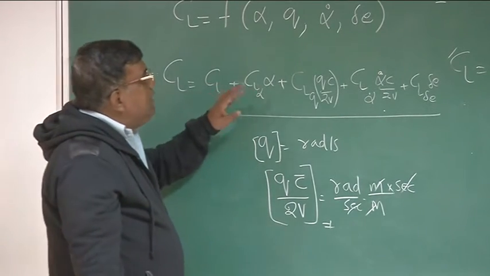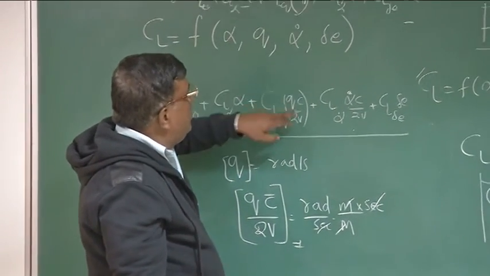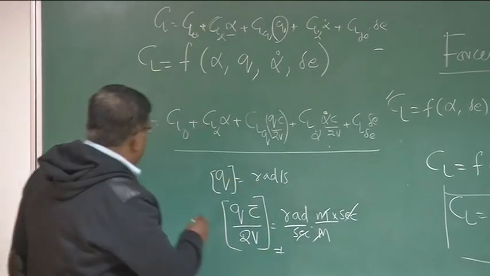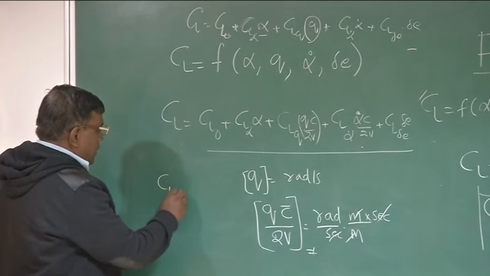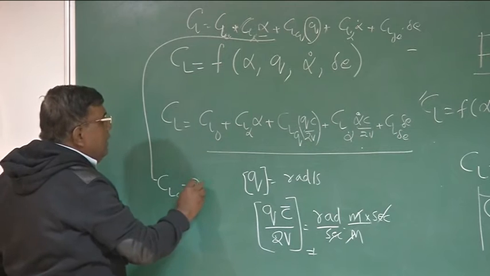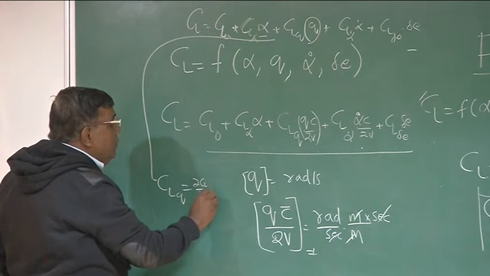So by changing Q to QC by 2V, we have made this dimensionless, and we have modified CLQ. If I use the first definition, then CLQ will be dCL by dQ.